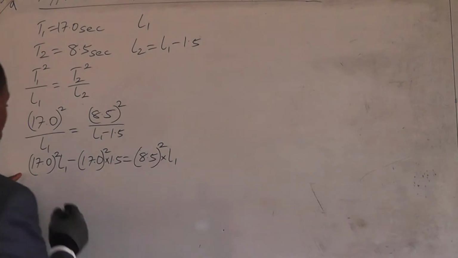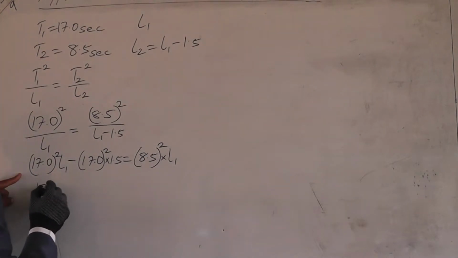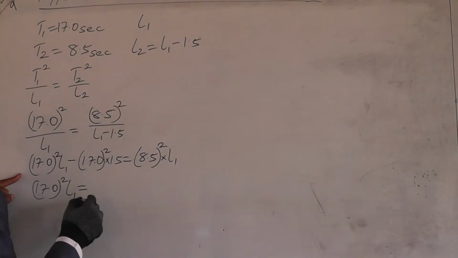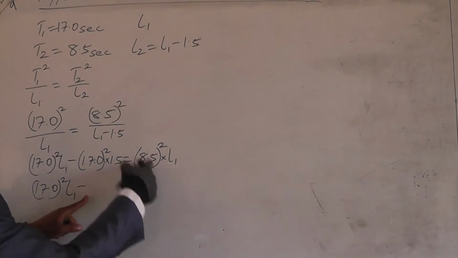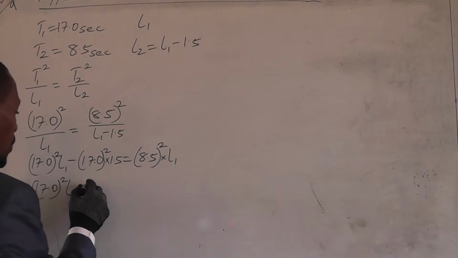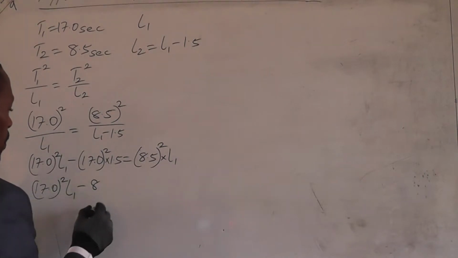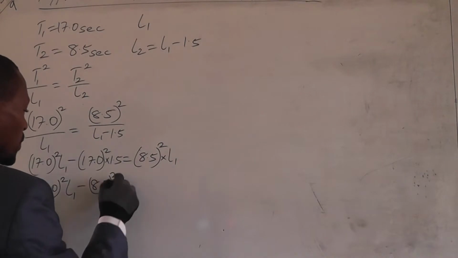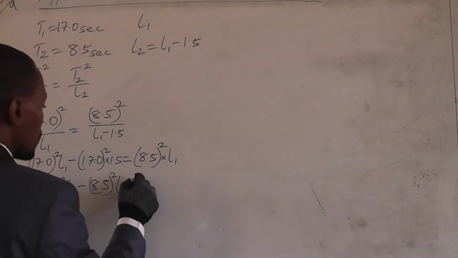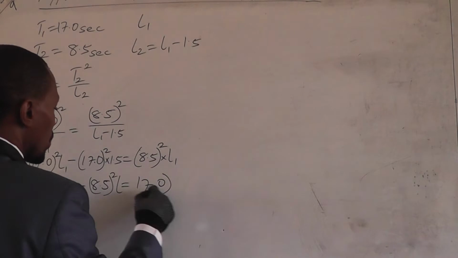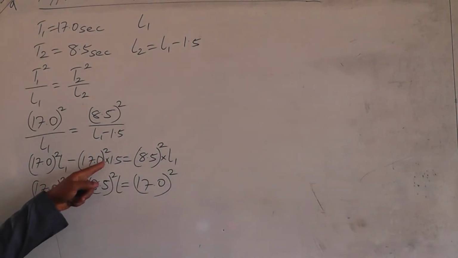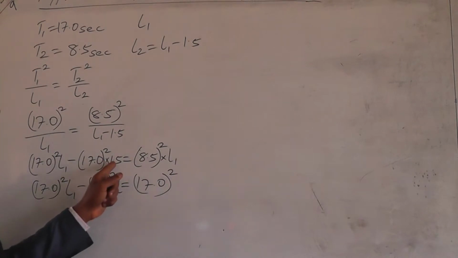Now let's see that. We have 17.0 all square L1 equals, minus, I'm bringing this to the other side, minus 8.5 all square L1 equals 17.0 all square times 1.5, taking the 1.5 to the other side.